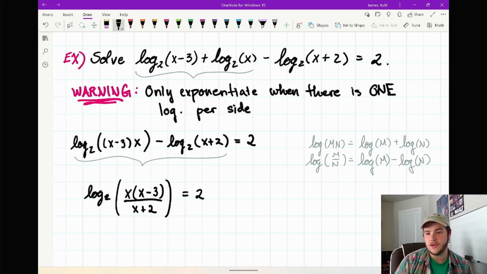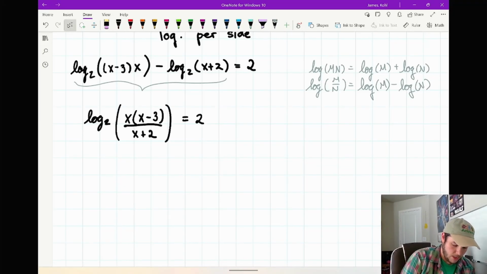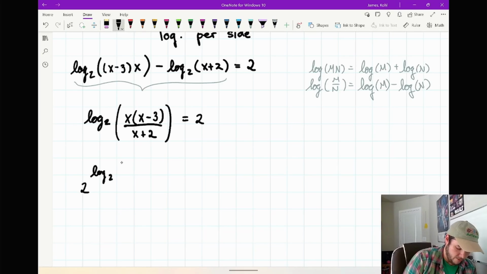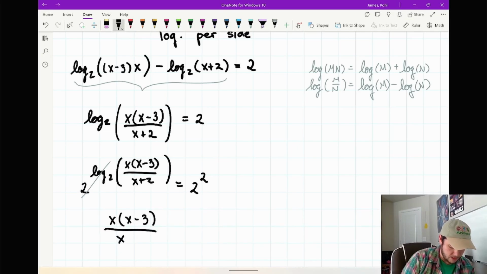Now that I have a single logarithm on both sides, I can exponentiate. So I'm going to write this as 2 to the log base 2 of my big, ugly, nasty fraction equals 2 to the 2. On the left-hand side, my 2 and log base 2 cancel, and I'm just left with x times x minus 3 all over x plus 2. On the right-hand side, 2 squared is 4.